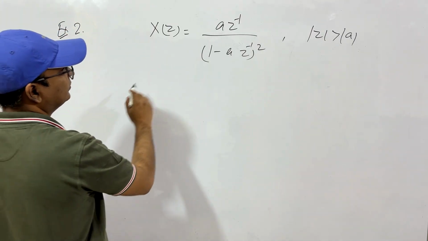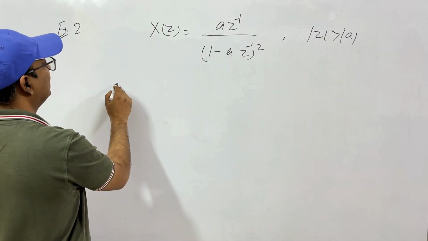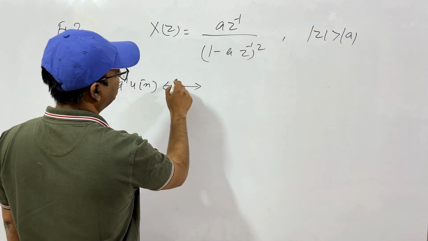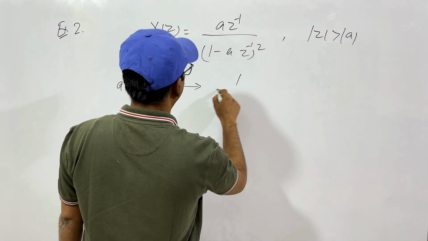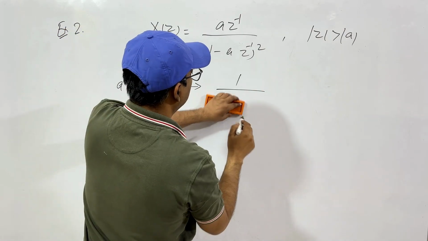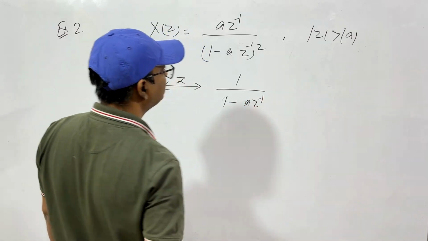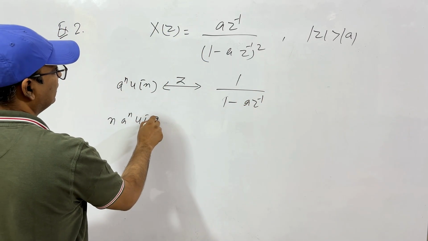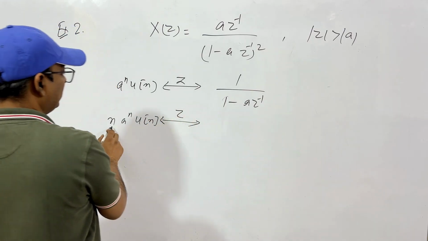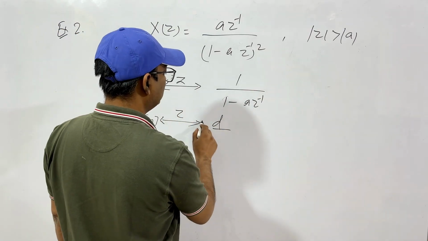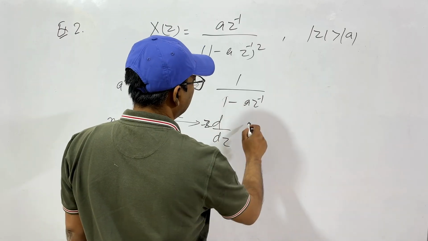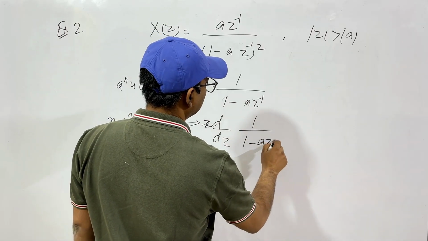This is a very simple example. For a^n u[n], the Z transform pair is 1 over 1 minus a z inverse. If you take n a^n u[n], the Z transform will be, multiplying by n, minus z d by dz of 1 by 1 minus a z inverse.